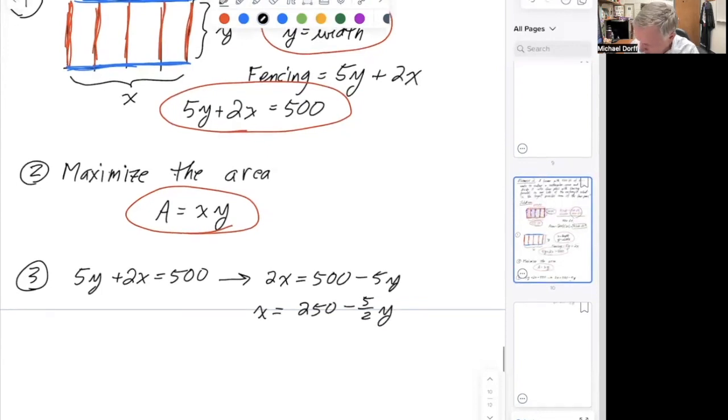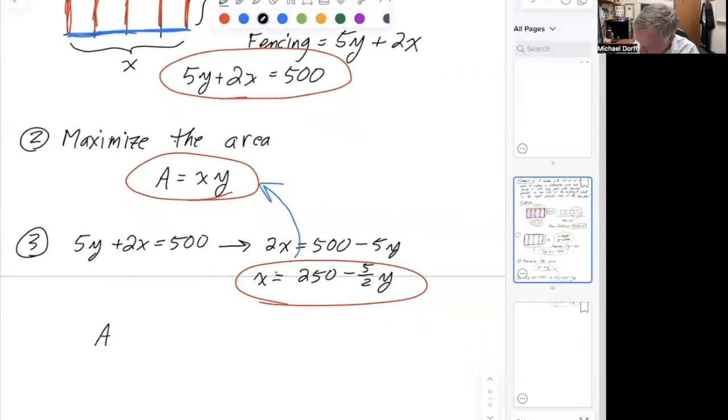And now what am I going to do with that? I'm going to substitute that into my equation for area. So area is X times Y, but X is 250 minus 5/2 Y, and then I'm going to multiply it by Y. So what I've done is put this in for X right there.